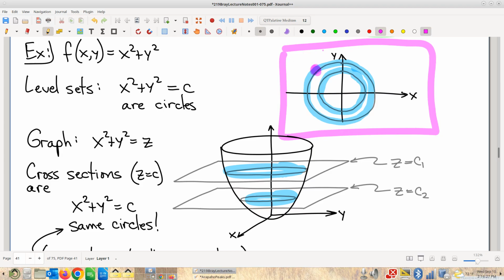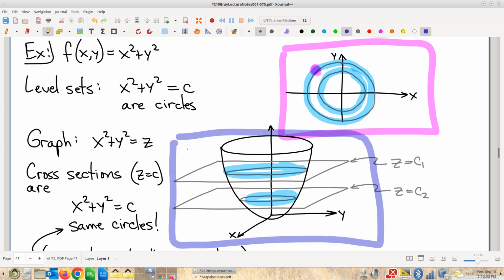That's it. Not so with these. These circles don't live in 2 dimensions. They live in 3 dimensions. We have an x, y, and a z axis. A point on one of these cross sections has 3 coordinates.